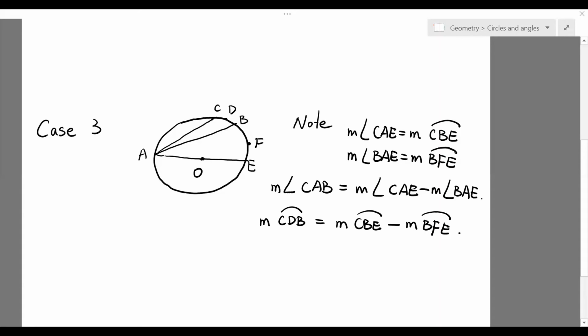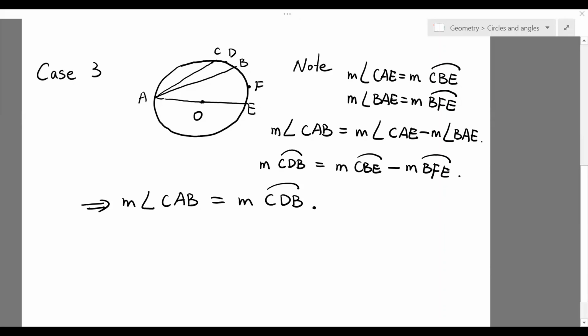Hence, if we compare these two equalities with the relation that we have up here, we can immediately conclude that the measure of CAB is precisely equal to half the measure of the arc CDB. And this completes the proof of the inscribed angle theorem.